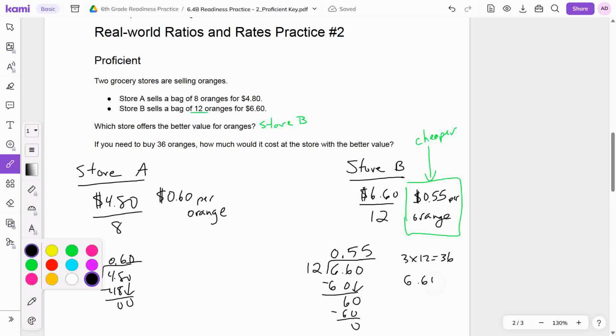So 6.60 times 3 is going to give me, 2 digits behind the decimal in the factor, 2 digits behind the decimal in my product, $19.80, not including tax. Okay, so we'll just put that right there. $19.80.